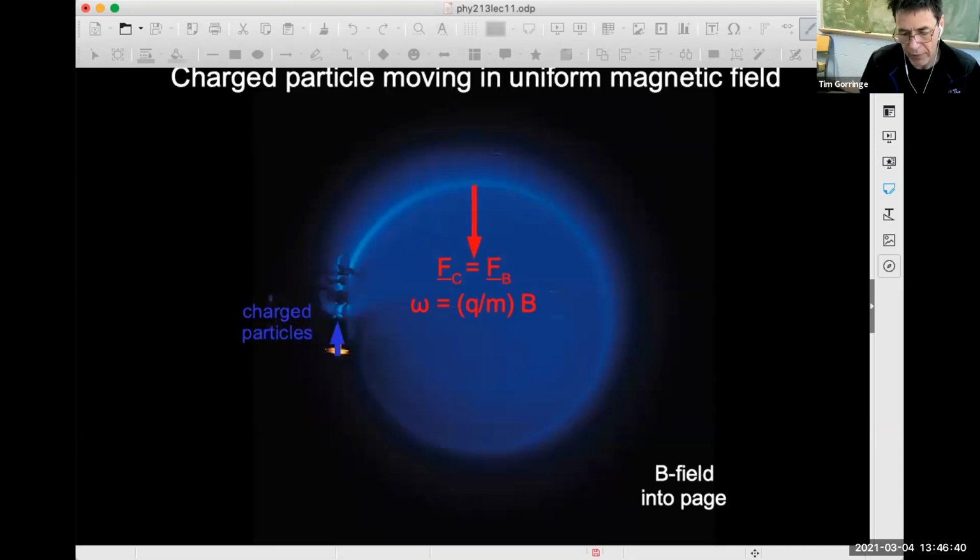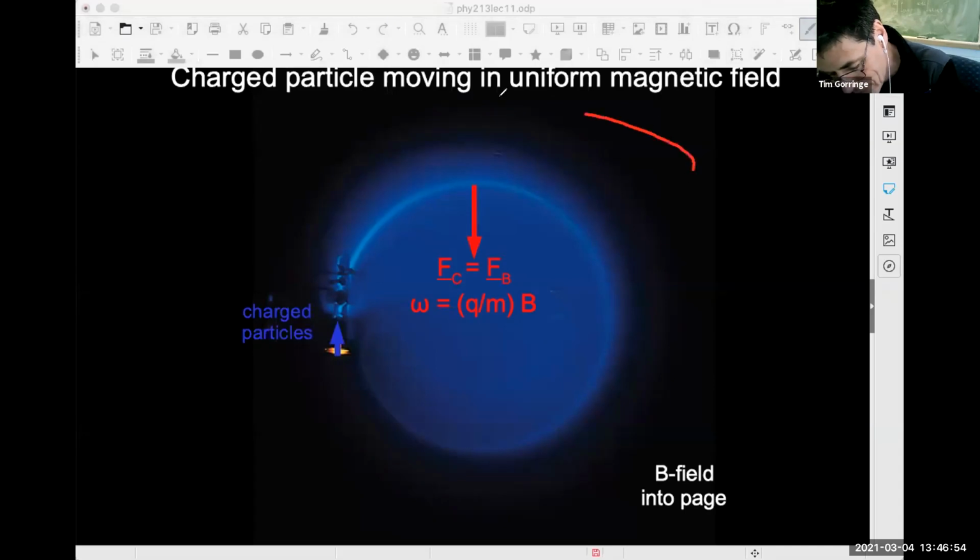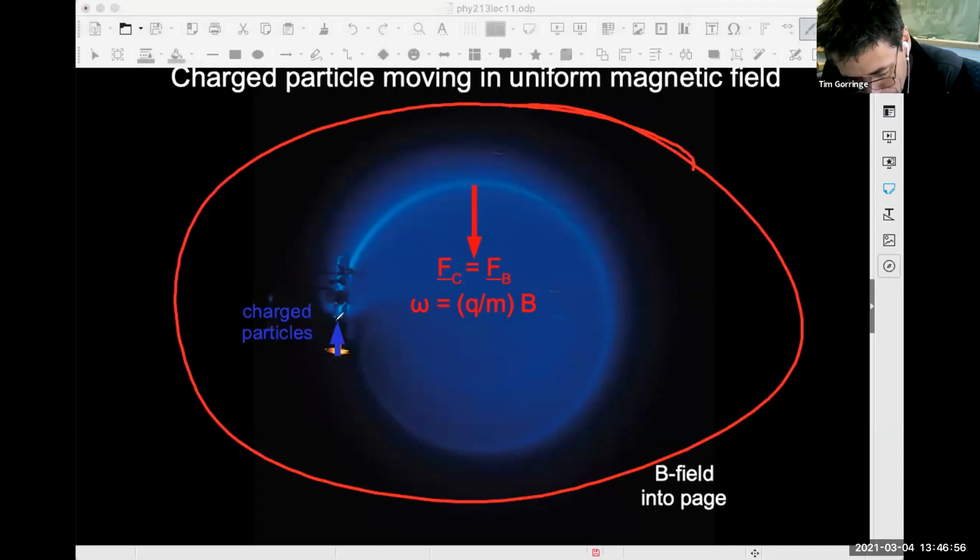Here's a picture of it, and this is where I'm going to end. If we were in the large lecture room, we could have demonstrated this, but I couldn't get the video of this to work. I'm launching charged particles into a region of magnetic field. It's perpendicular to the page.